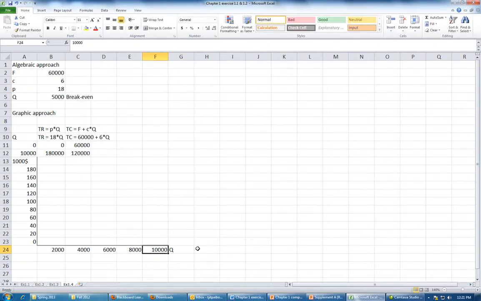Okay, as you can see, at 0 units the total revenue is 0, and at 10,000 quantity, total revenue is 180,000.